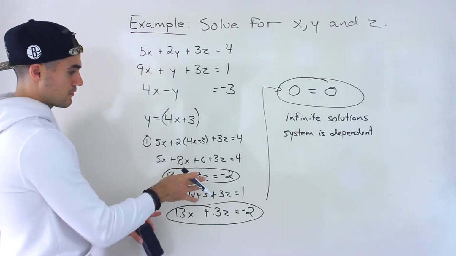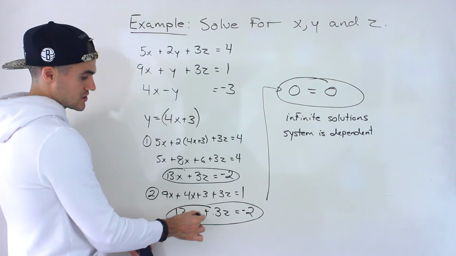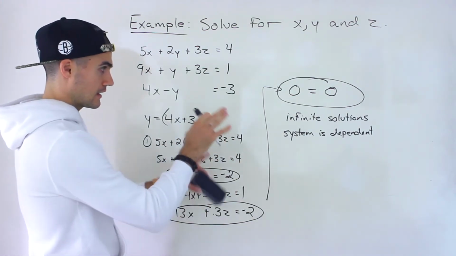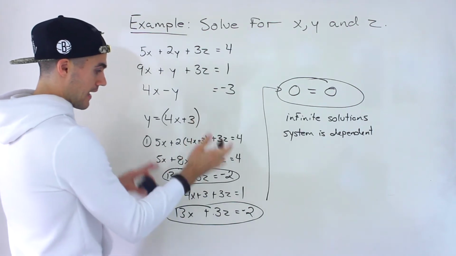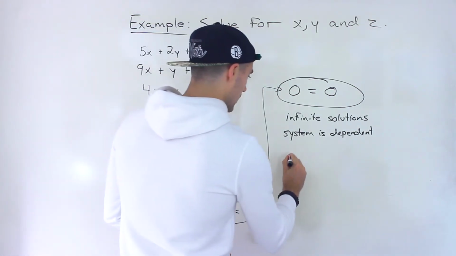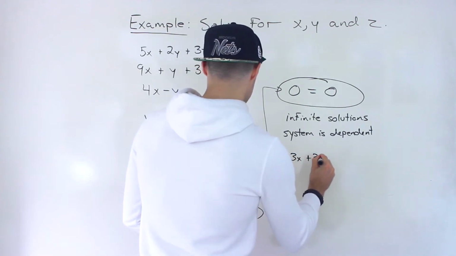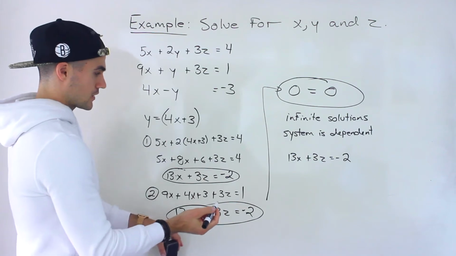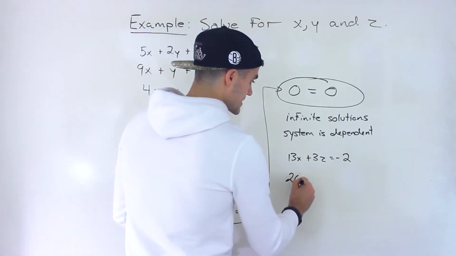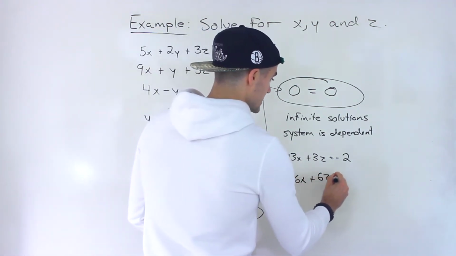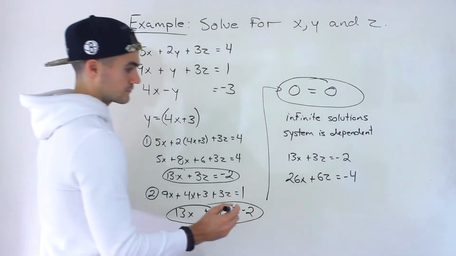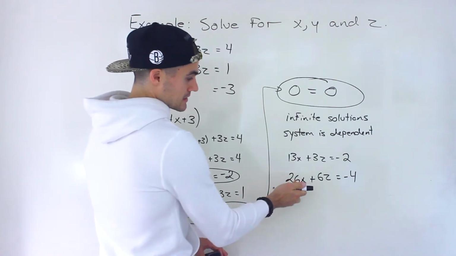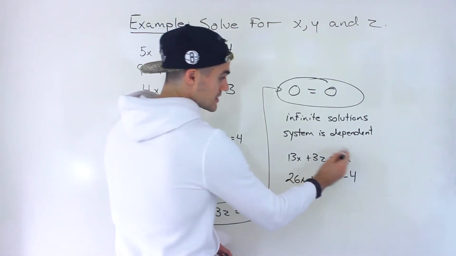Now, another thing I want to mention is that these equations are not always going to be exactly the same in an infinite solutions answer. So, for example, if we got 13x plus 3z is equal to -2 for one of them, but over here we ended up getting 26x plus 6z is equal to -4. This and this are actually the same thing, because it's basically taking this and multiplying it by 2.